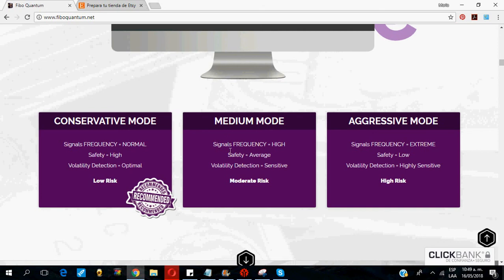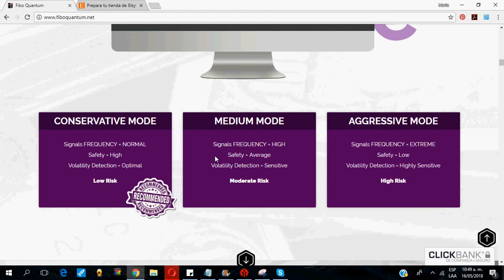Medium mode, signals frequency high, safety average, volatility detection sensitive, moderate risk. And the aggressive mode has signals frequency extreme, safety low, volatility detection highly sensitive, high risk. You decide which signal mode you want to trade.